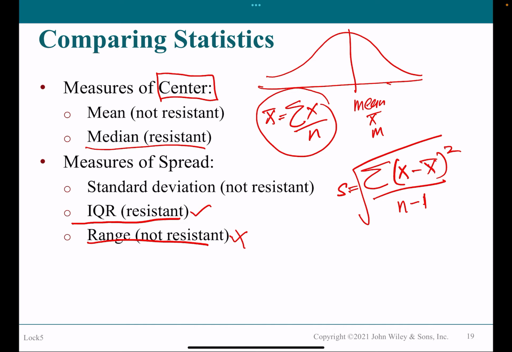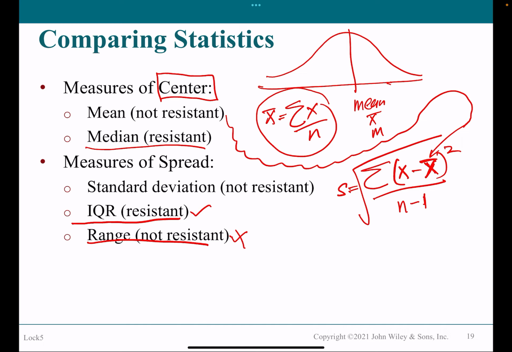Check this one here: when we calculate the standard deviation in this formula, it has x bar, it has x, and the sample size n. But what is this x bar? It is the mean of the sample.